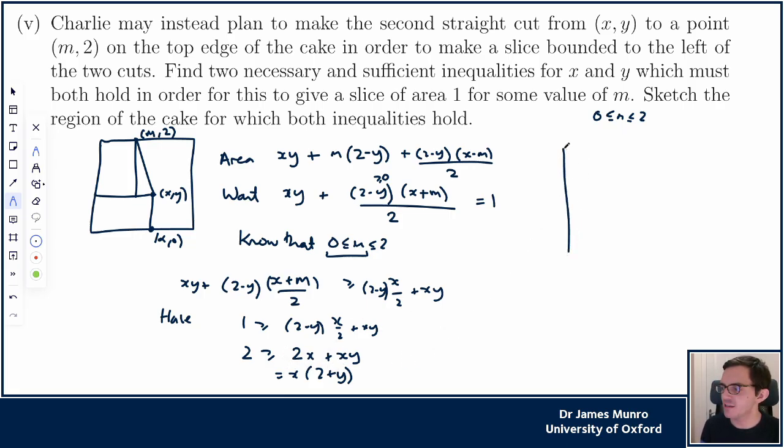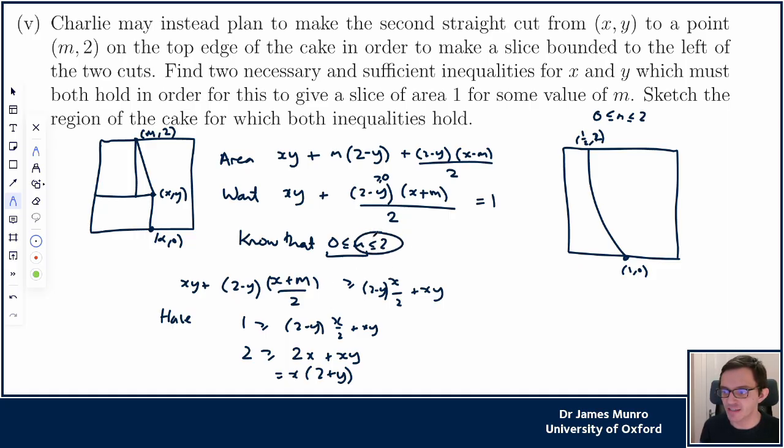So this inequality on the surface of the cake was this one that came down like this. It was 2 over x minus 2, I think, as the equation of the curve. It went through (1, 0) and (1/2, 2). Okay, so that's one fact we've used, that m is positive.